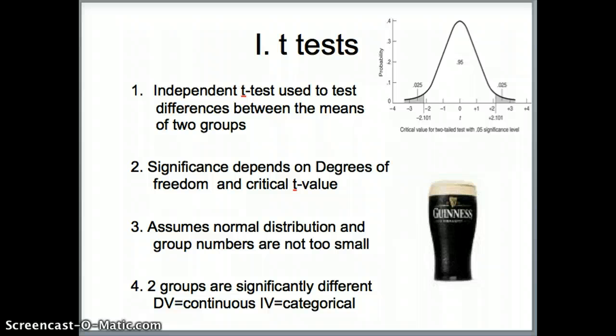But the other is that beer was actually one of the underpinnings of the development of the independent t-test. So William Sealy Gosset actually worked for Guinness, the brewery in Dublin. And much like today, when you work for some companies, they tend to own the rights, or at least can prevent you from sharing things that they consider trade secrets.